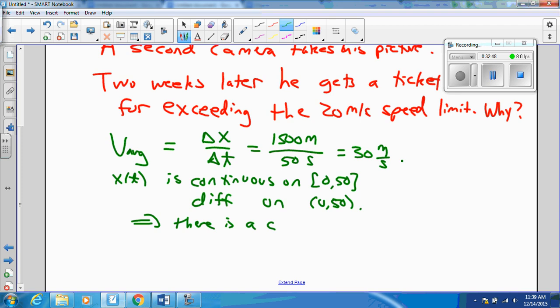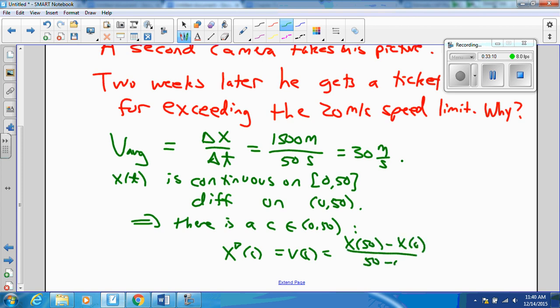And therefore there must be a c somewhere between 0 and 50, such that x prime of c, what's another spelling for x prime? V, the velocity, has to equal x of 50 minus x of 0 all over 50 minus 0.